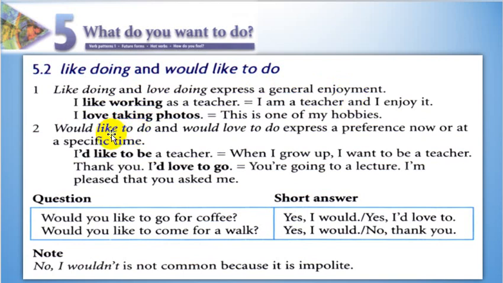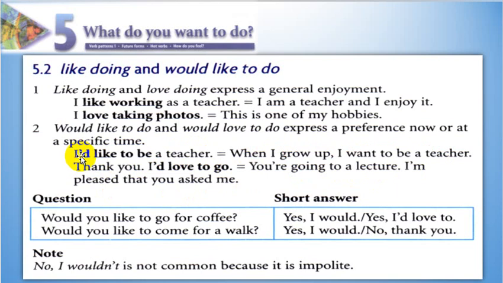While using would like to do and would love to do express a preference now or at a specific time. I would like to be, would like to plus infinitive, I would like to be a teacher. That means when I grow up I want to be a teacher. Thank you, I would love to go. You're going to a lecture, I'm pleased that you asked me.